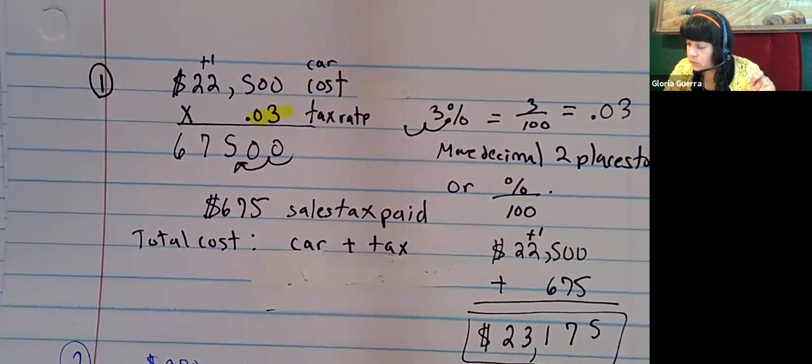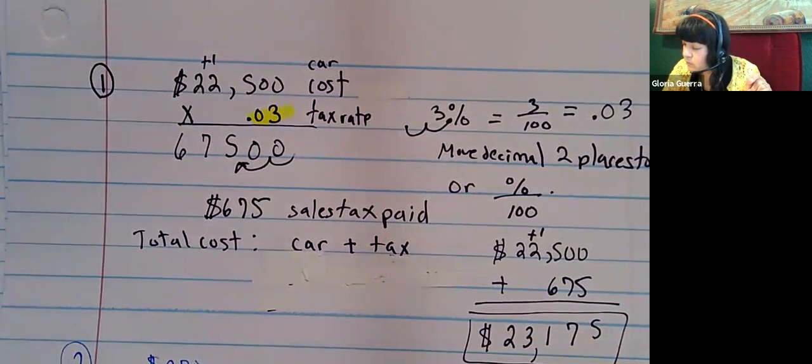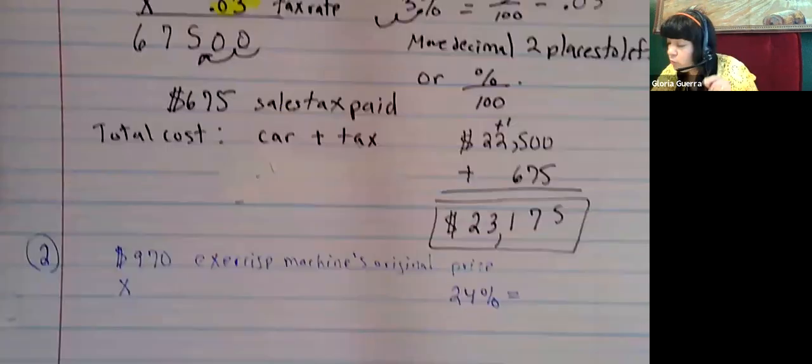So that's the exercise machine, so that's the original price. And then the discount rate was 24% off. So again, 24%, which is 24 divided by 100.